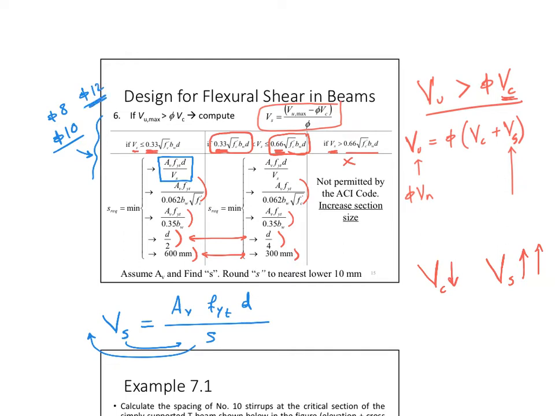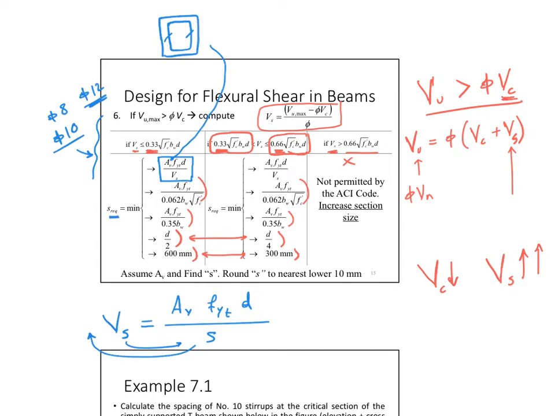I also have to assume a number of legs. For example, I'm going to start with 2 legs. Here's one leg, here's another leg. Then find my Av, plug it in here, and get my S.